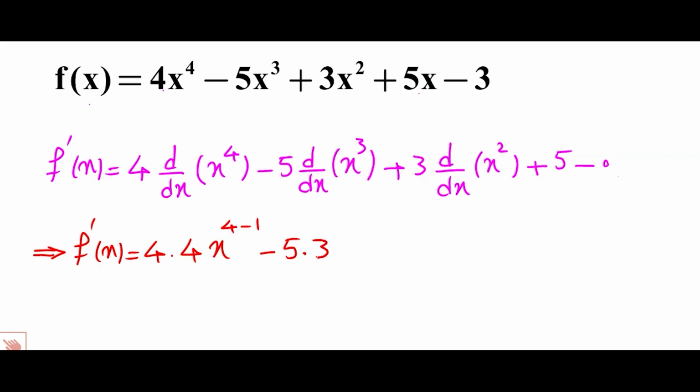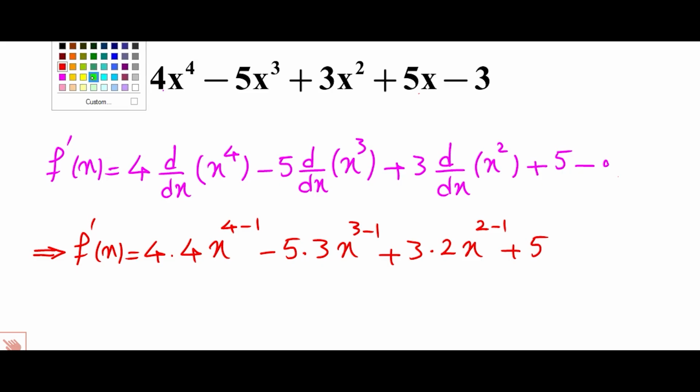It means 3 times x to the power of reduce that power by 1, 3 minus 1, plus 3 times bring down the 2 to the front times 2 x to the power of reduce that power by 1, 2 minus 1, plus 5.